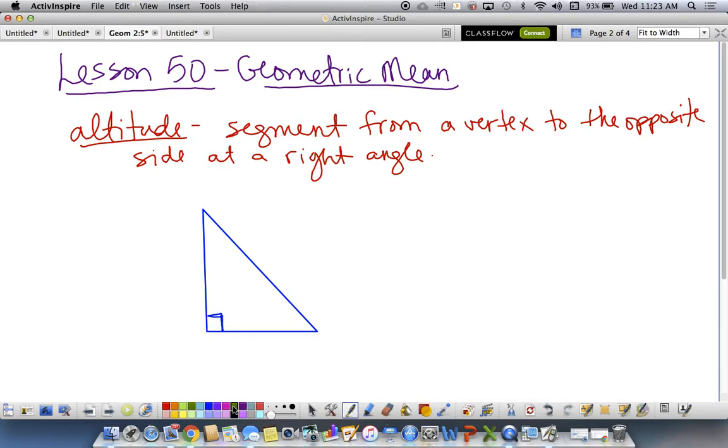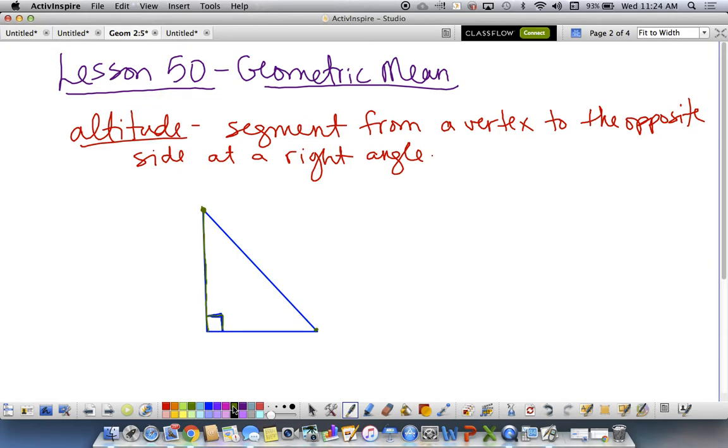So let's start by drawing, actually let's name it, well it doesn't matter right now. We'll name the next one. If I wanted to draw the altitudes, all three of them, if I started up here at the top, from the vertex to the opposite side at a right angle, where would that altitude be? Straight down the side at a right angle. Okay?